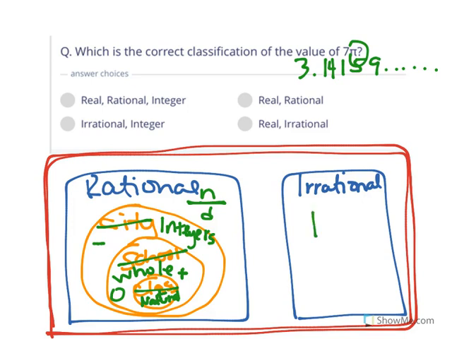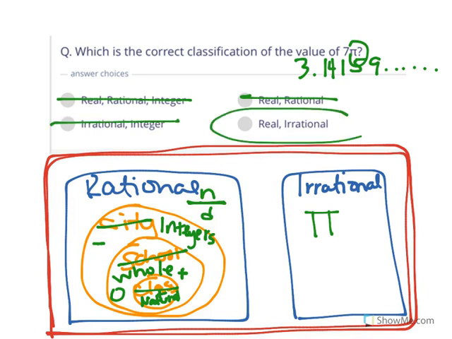So that means pi is irrational. No matter what number I multiply by pi, it's still going to be irrational. So any answer choice that's not irrational, I'm eliminating. The next thing I have to look at is, is an irrational number also in the integer circle? No. So that's wrong. It's only in the real number diagram.